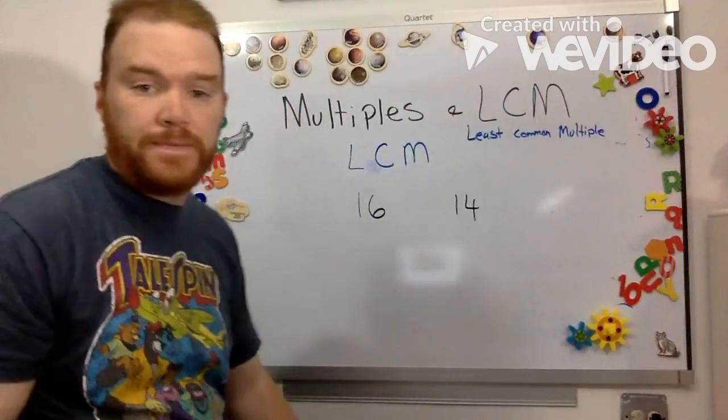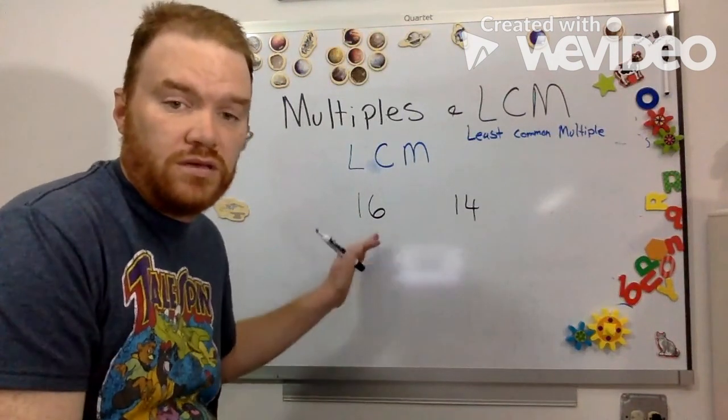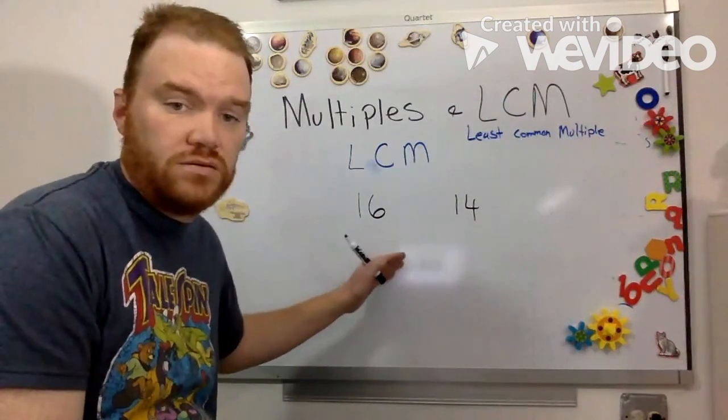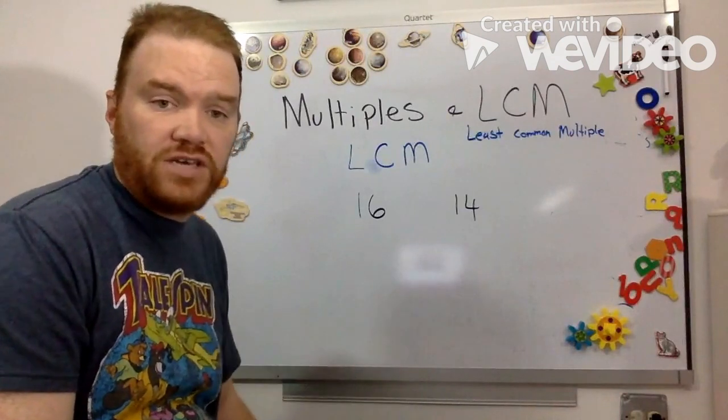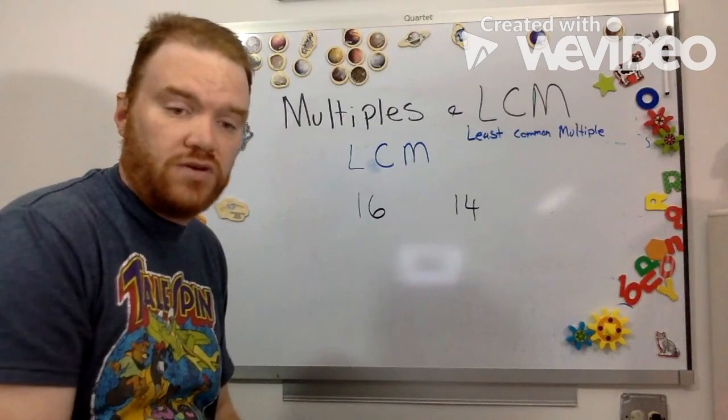Okay, go ahead, press pause, do your factor trees, get your prime factorization, multiply the most of each, and get your LCM.